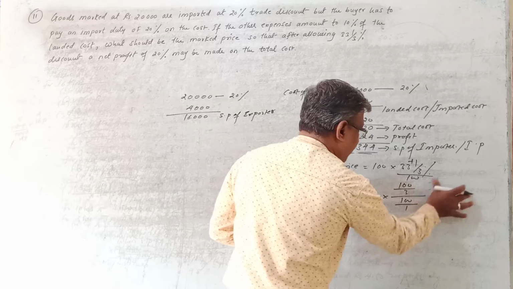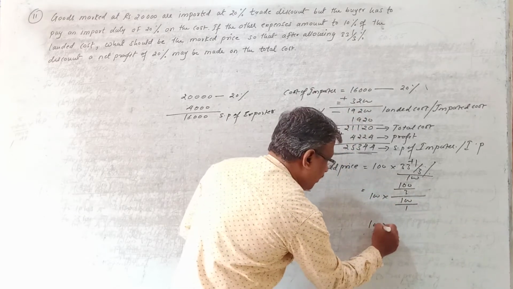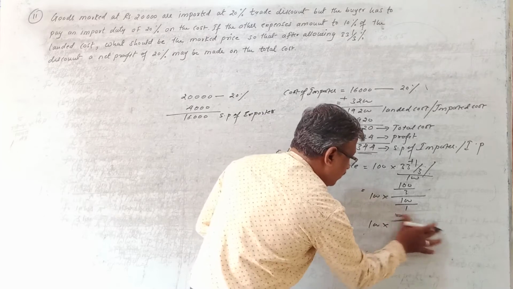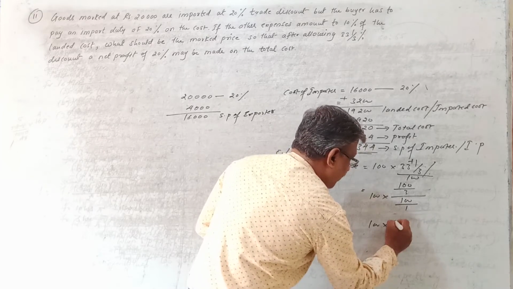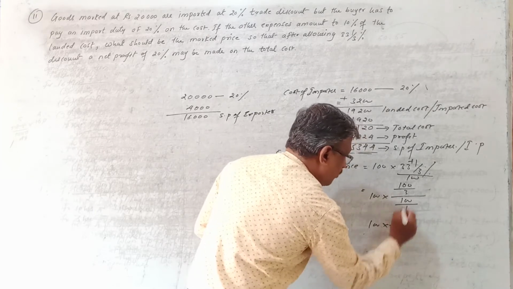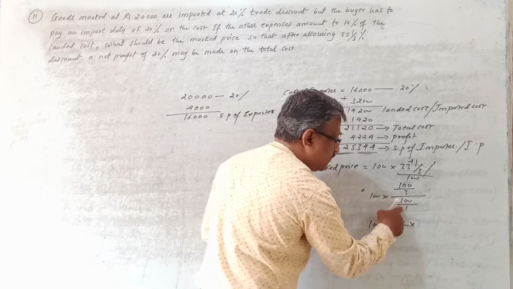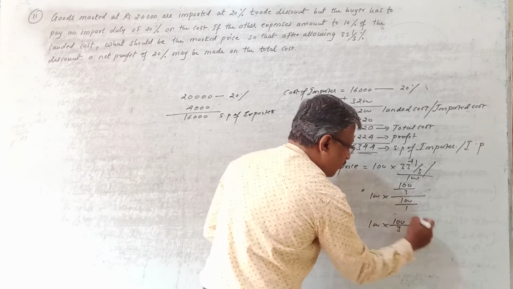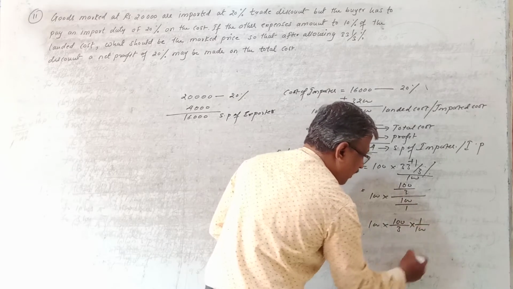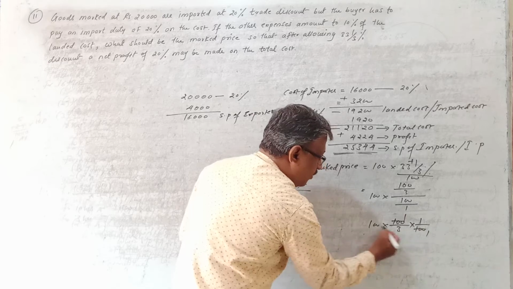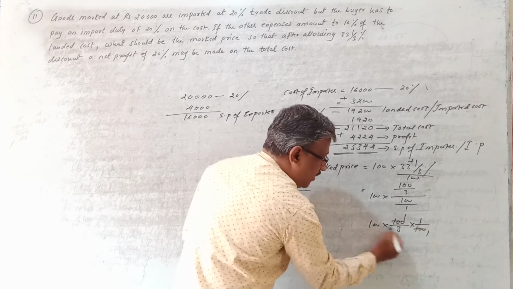So it is 100 multiplied by 100 divided by 3, and this is multiplied by 1 upon 100. Means ultimately this 100 gets cancelled. So 1 upon 3 into 1 into 100 is 100 divided by 3.